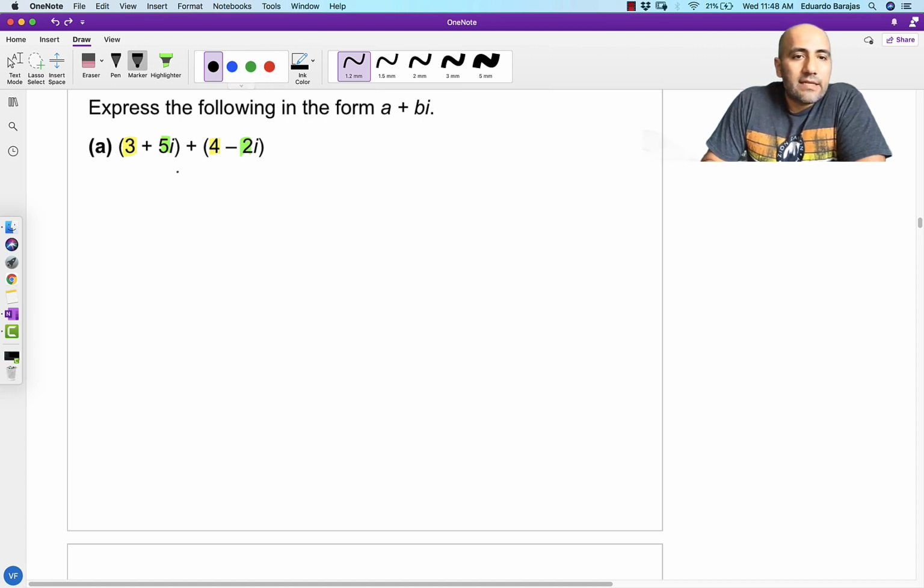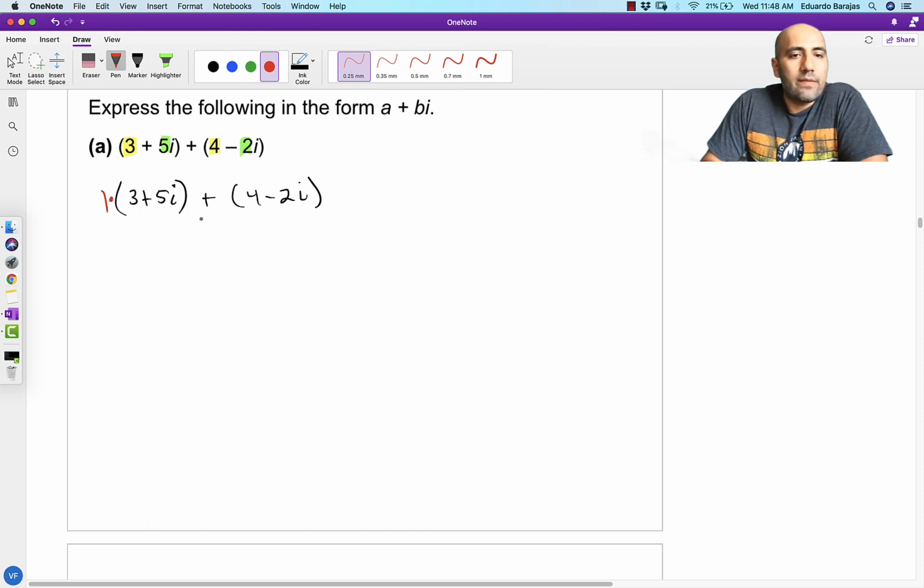Technically, we'll do it this way just one time, just to make sure it's clear. Technically, what's happening is that there is one copy of this complex number, so there's really this imaginary 1 there, and one copy of this one, there's an imaginary 1 there, which we can distribute.